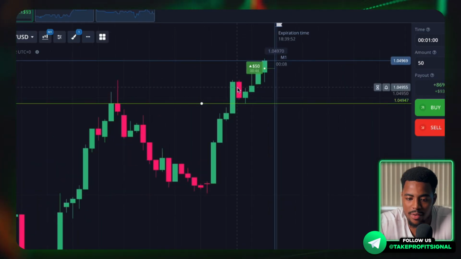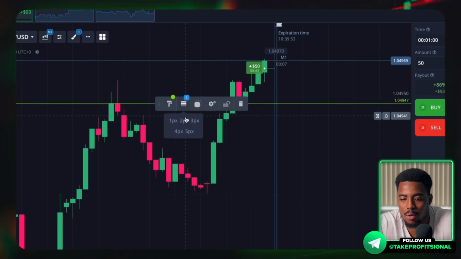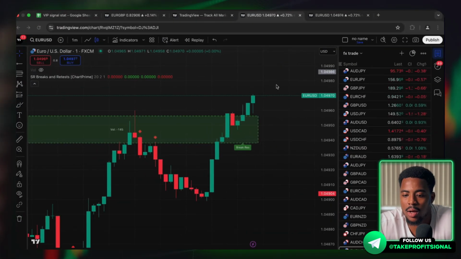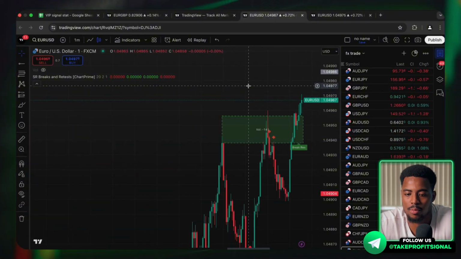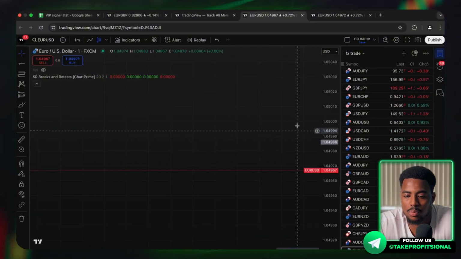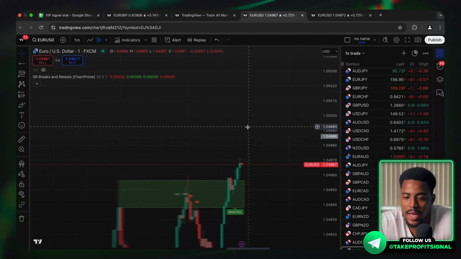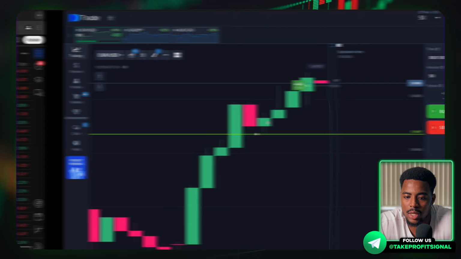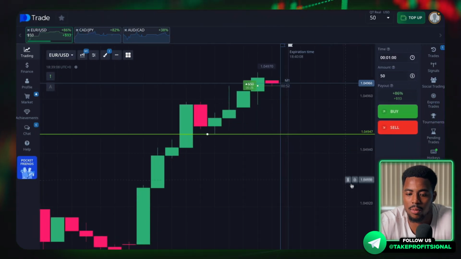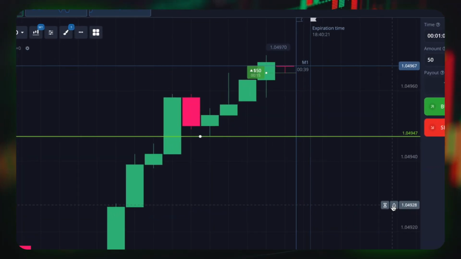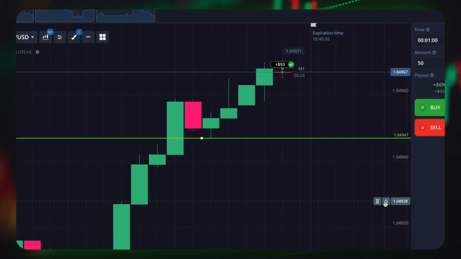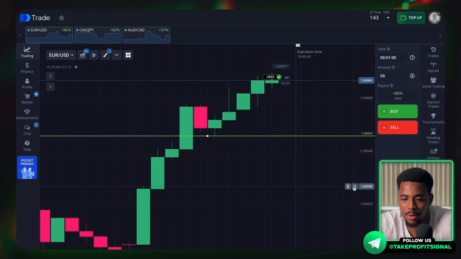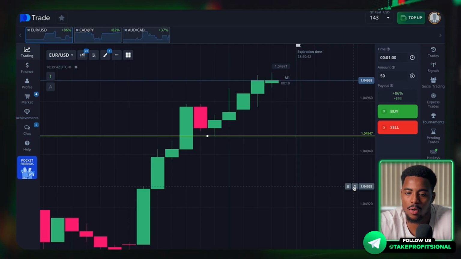Moreover, we have tested the level that we just broke through, and accordingly we can safely and unhindered move higher. But because here we don't have any levels at all, we are in fact just entering into an uptrend trade with you. So we have the first trade, plus $43 on our balance.